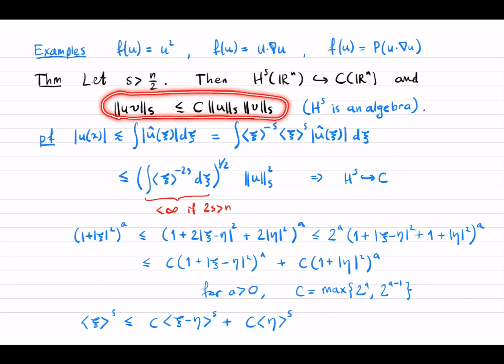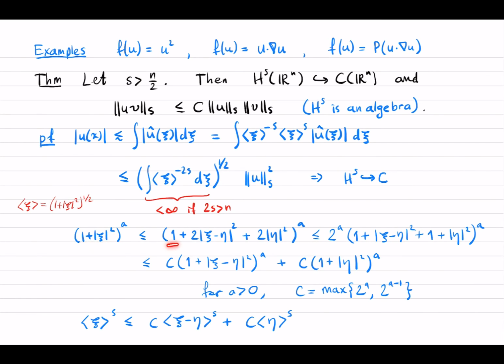To prove the other main inequality here, we first prove this elementary inequality. So note that the so-called Japanese bracket is equal to (1 plus xi squared) to the power 1 over 2. Simply by using the triangle inequality we get this. So here we are just writing xi equal to xi minus eta plus eta, and using the triangle inequality. Try to put those two out. We get 2 to the power a in front. a is some positive parameter here.